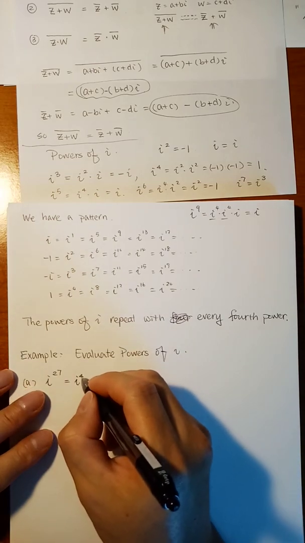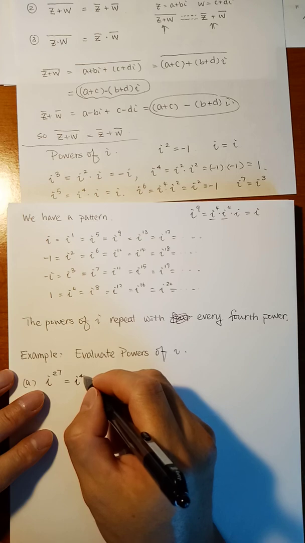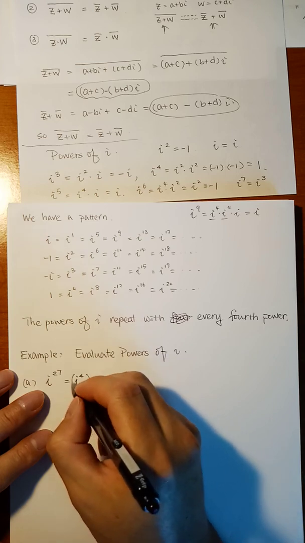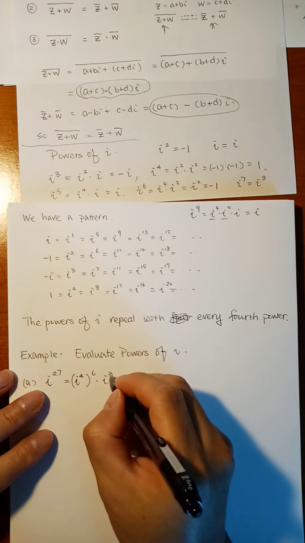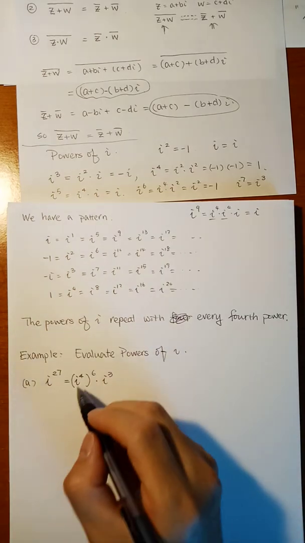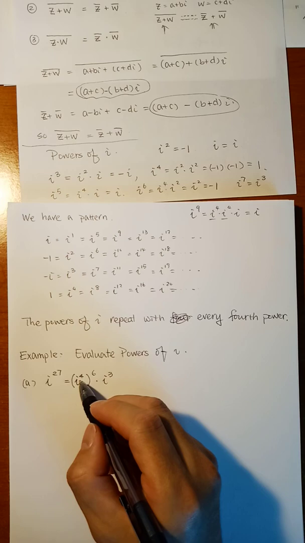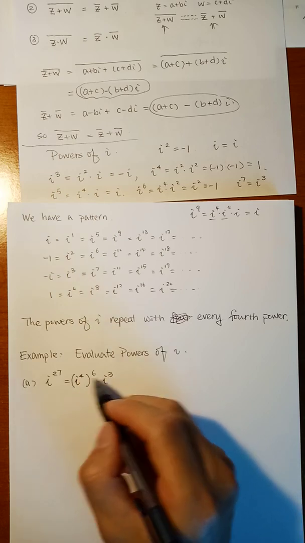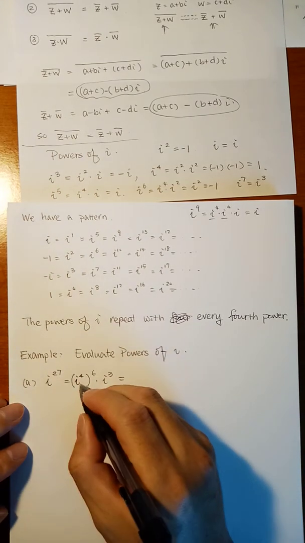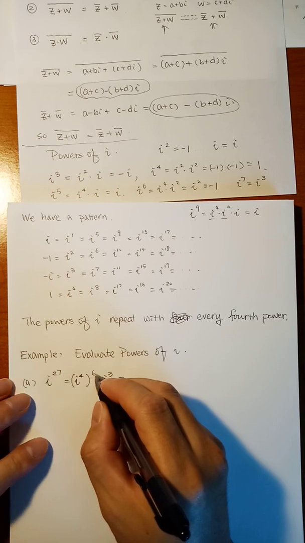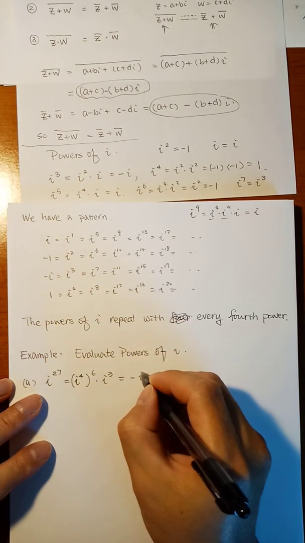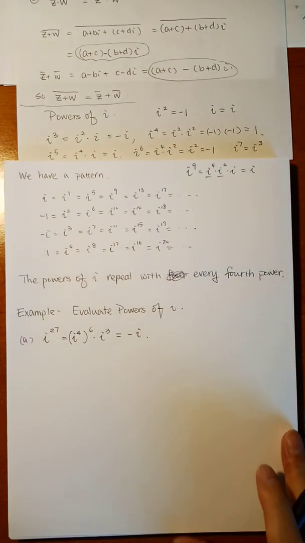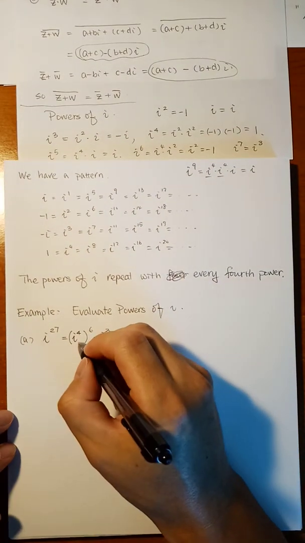How many times? 6 times. 4 times 6 is 24, so you will have i cubed: i to 4 to the 6th power. 4 times 6 is 24, plus 3 is 27. And i to 4 is 1, and 1 to the 6th power is still 1. So it's i cubed, which is negative i.